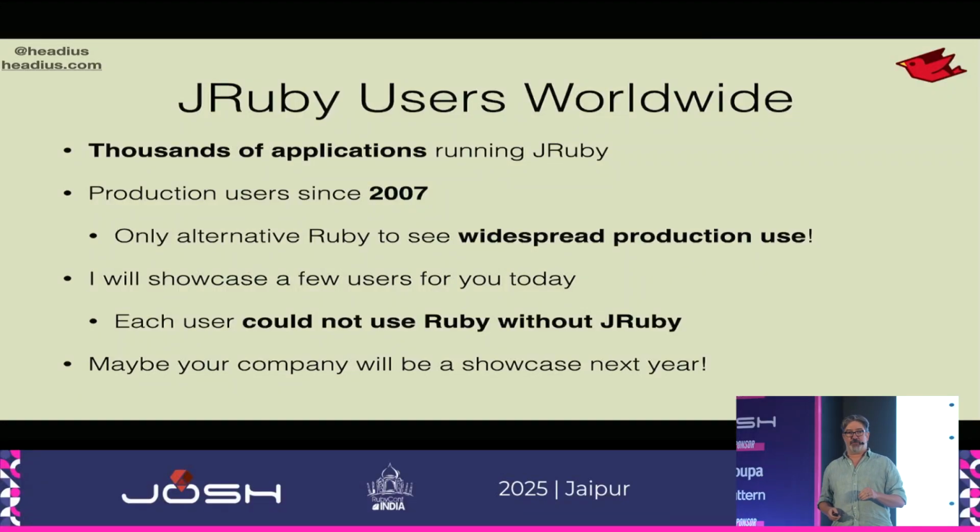I'm going to showcase a few of these users for you today, and every one of the users that you will see could not have been using Ruby unless JRuby existed. We open up opportunities for Ruby to be in the wider world. Maybe your company will be a showcase in a talk next year, like MSCI was yesterday. We will see you in this list of people that's using JRuby.